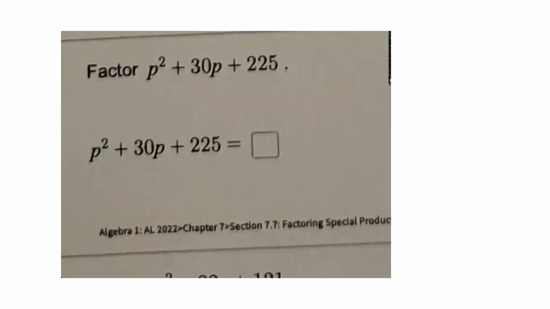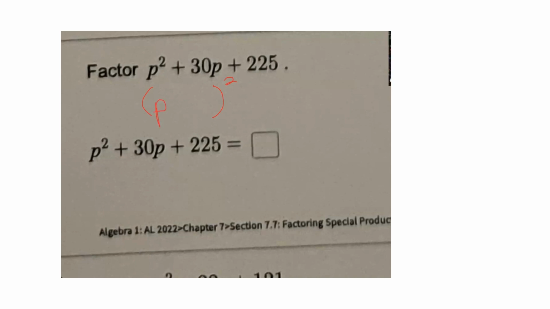Okay, so here's what we're going to do. We're just going to assume this is a perfect square trinomial. So we're going to say this is a binomial squared. The square root of p squared is p.